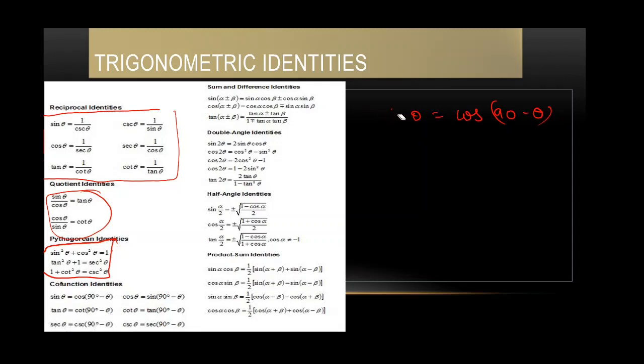And these are the identities of the sum or difference. As you can see here, sine of alpha plus beta is equal to sine of alpha cos of beta plus cos of alpha sine of beta.